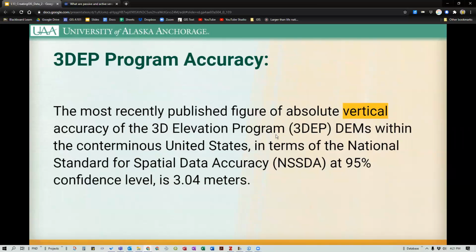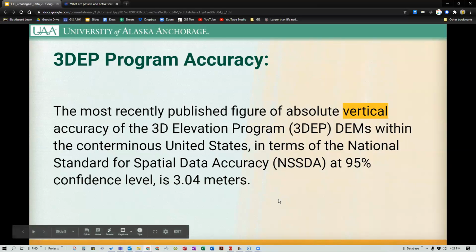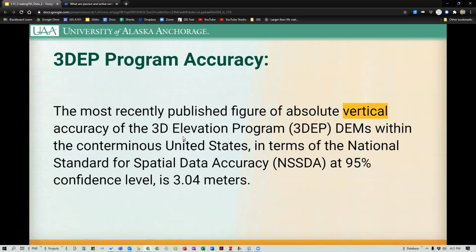So I wanted to help you guys look at a couple of different types of data and understand how you go about assessing the accuracy, because it's not always obvious or easy. So the 3DEP, the 3D Elevation Program, is the program that USGS is taking the lead on developing for our country, and that's what we're developing most of our elevation data sets from.